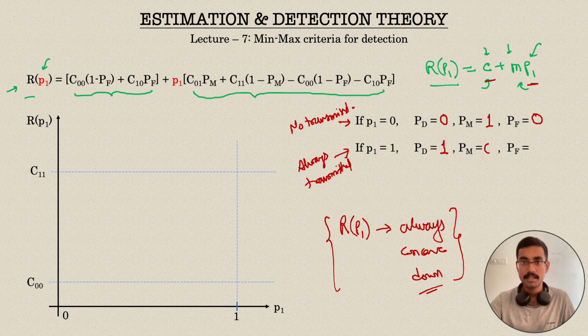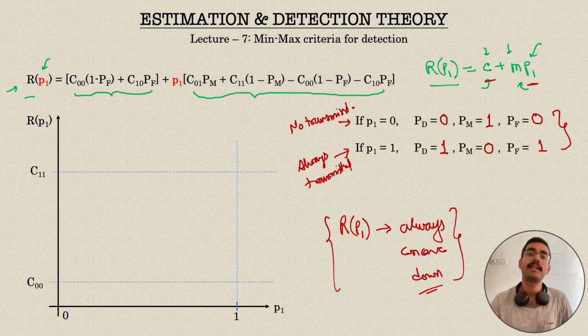Miss would be 0, hence, because the probability of detection and miss are very intimately related. And probability of false alarm will also be 1 because it's always transmitted. This is the ideal scenario I'm holding. You can reflect on why this is the case.